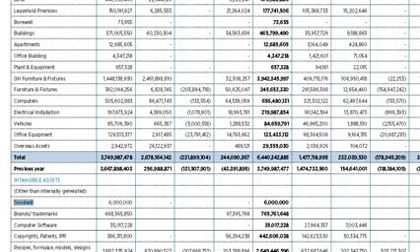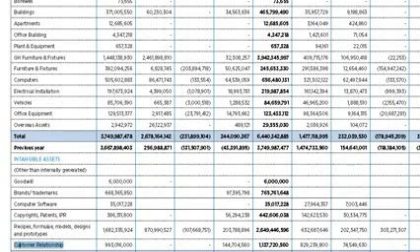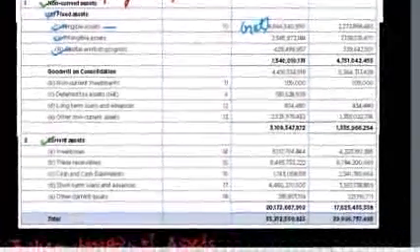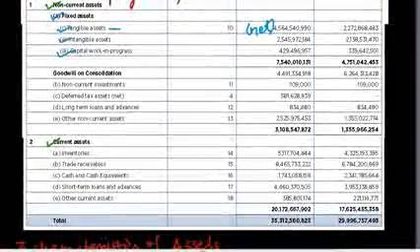You see goodwill, their brands and trademarks, their computer software, their copyrights, patents, their recipes, formulas, models, designs, and there's something known as customer relationships, which are intangible assets. So these are assets which lie in the balance sheet of a company, but you can't really touch and feel these kinds of assets, right? So that's the reason they are known as intangible assets.